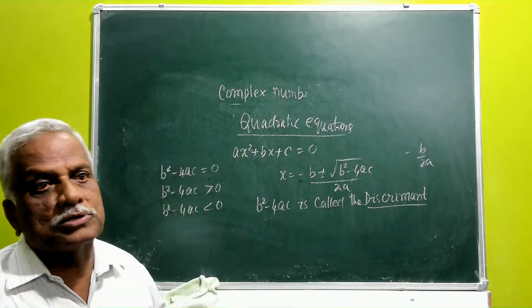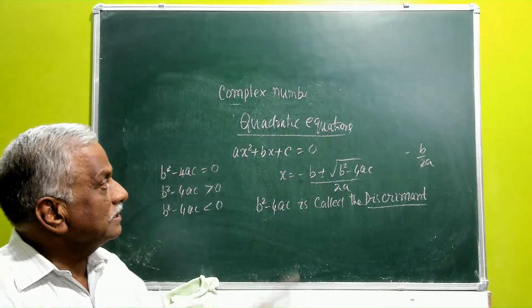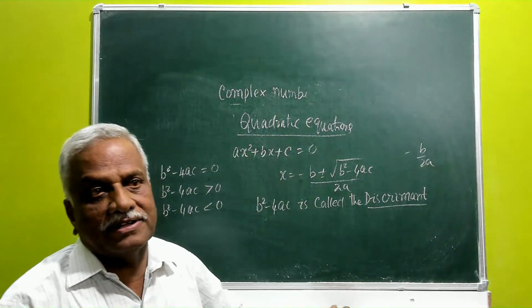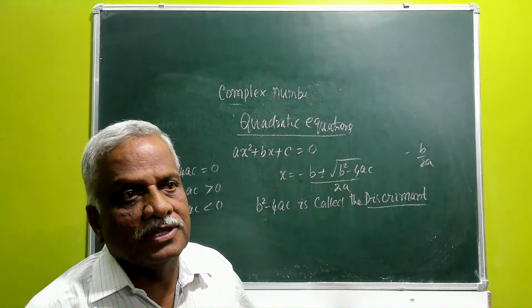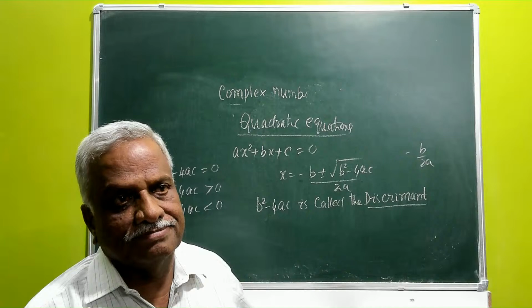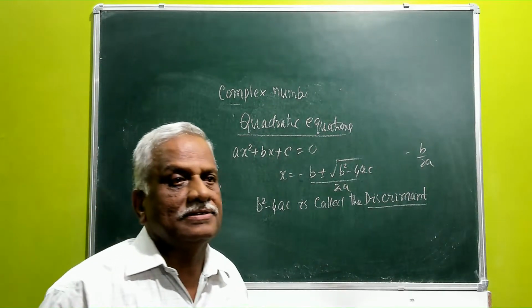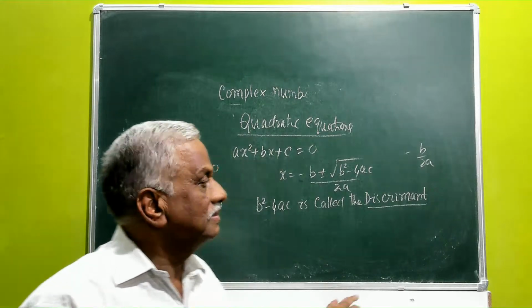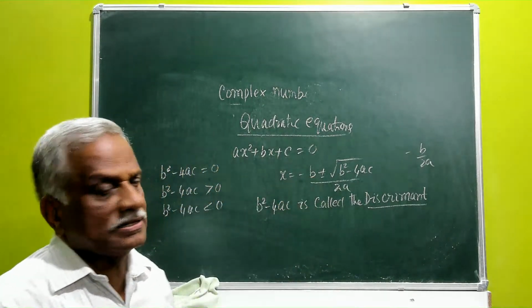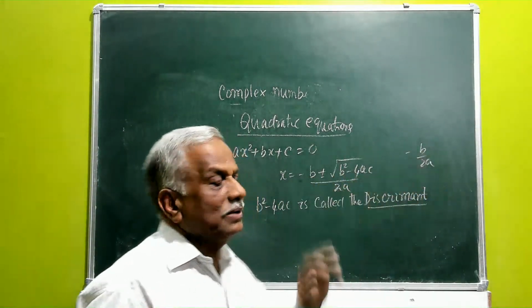In that case, we say roots are equal. They may ask a question in the CET examination: given one problem, the roots of this equation are equal, imaginary, real, something like that. So if b square minus 4ac is equal to 0, the roots are equal.